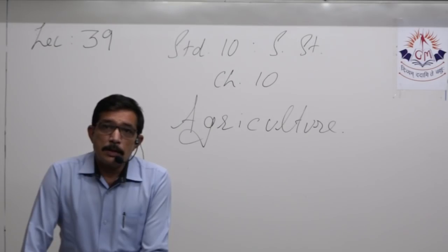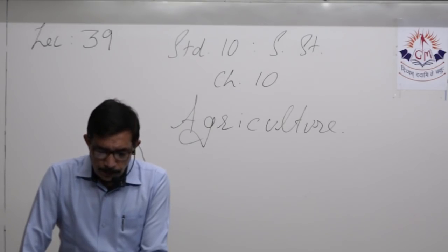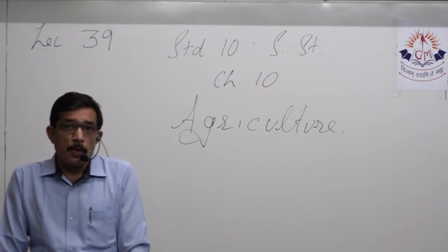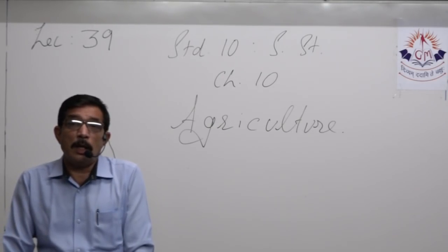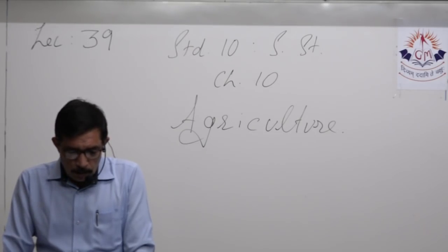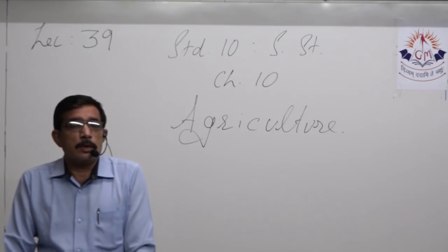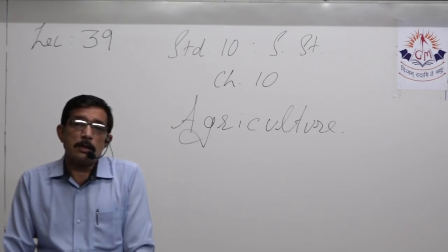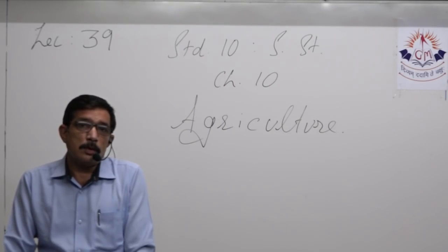First, we learned that India is an agrarian country, which is a very important question. It carries 2 marks, but it's quite important. We have to prove that we are an agrarian country. We are dependent on agriculture because out of the majority of the labor force that we have in India, 60% of that labor force is engaged in the field of agriculture and related activities.